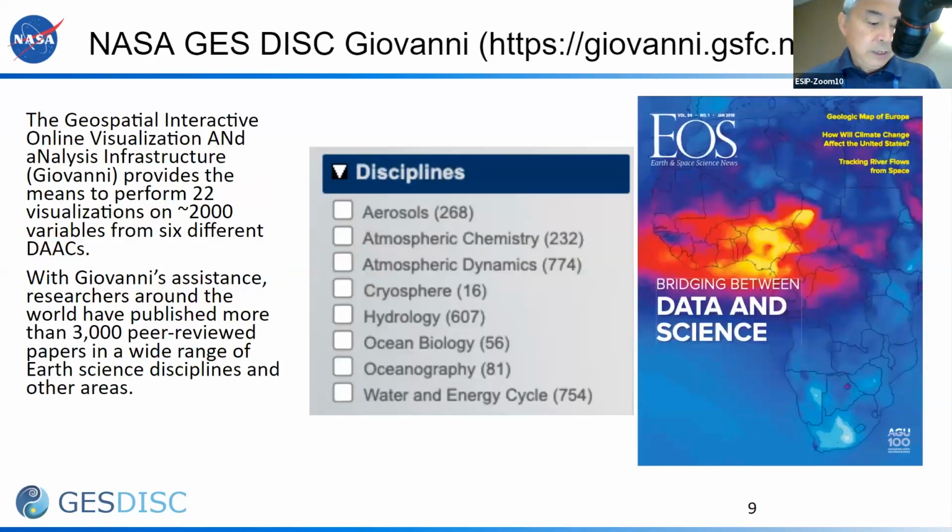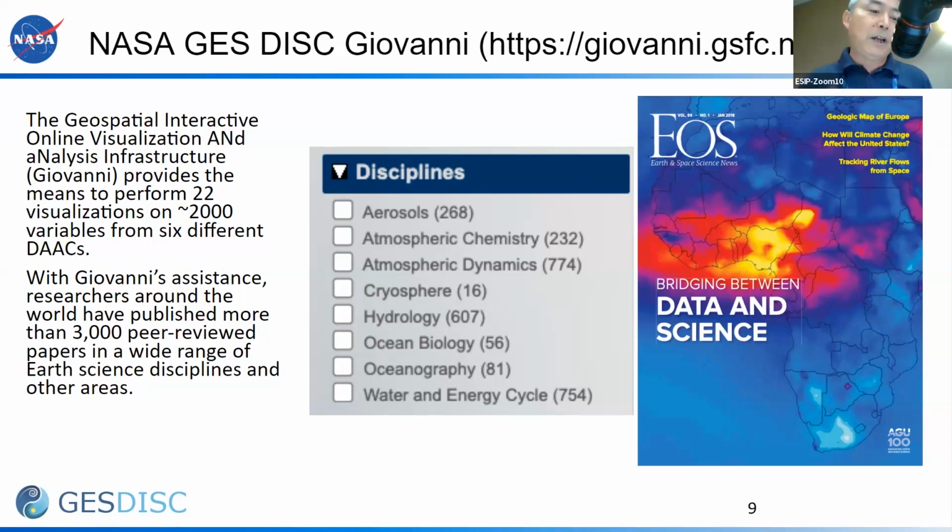So you can explore level 3 data products with GES DISC Giovanni. Giovanni is a popular tool developed by the GES DISC in the year 2000. And like a previous speaker mentioned, Giovanni also generates a lot of analysis, and people download the data for research or applications.